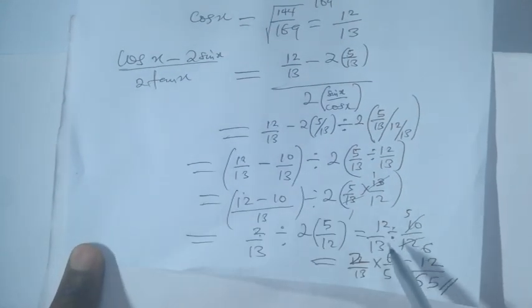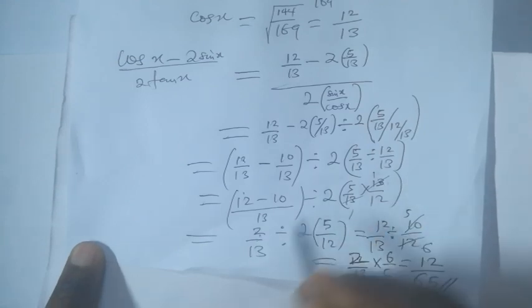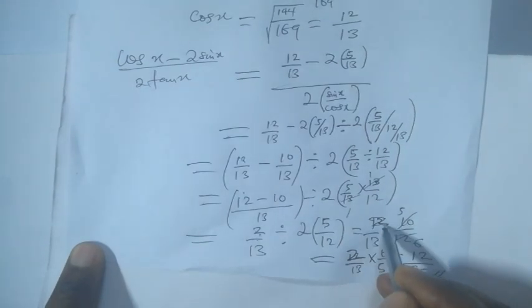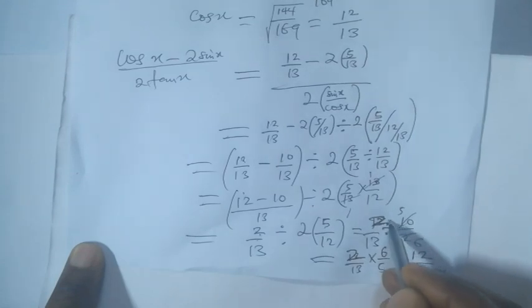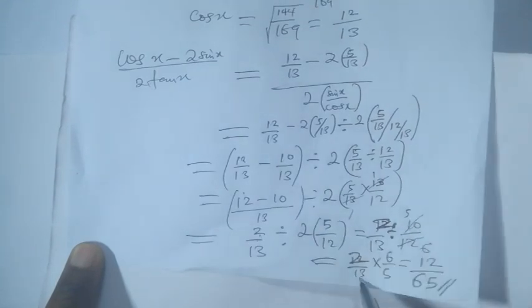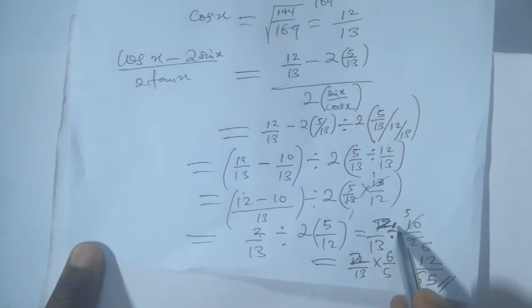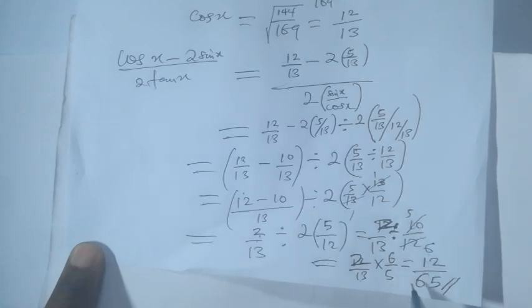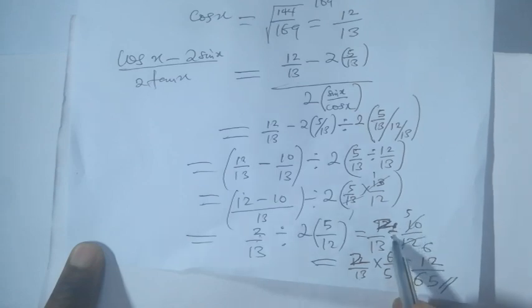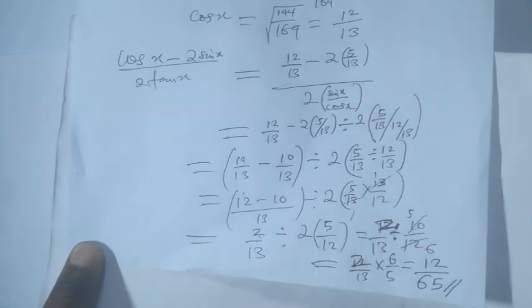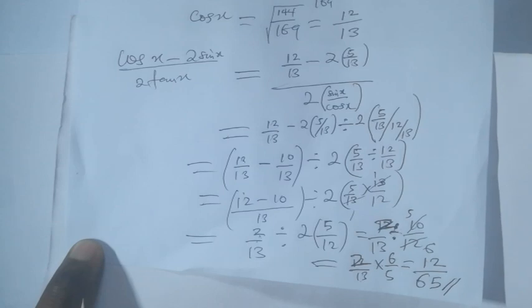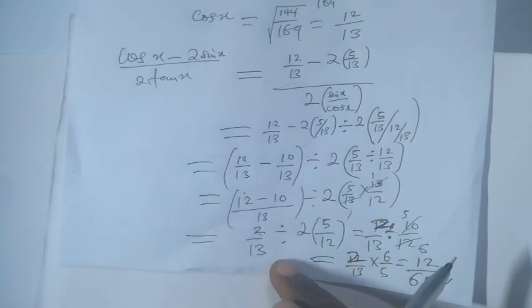So it's going to be 2, not 12. It's going to be 2 all over 13, divided by, and since it's division, 6 will go up, since we are transforming from division to times. So our correct answer is 12 over 65. Thank you.